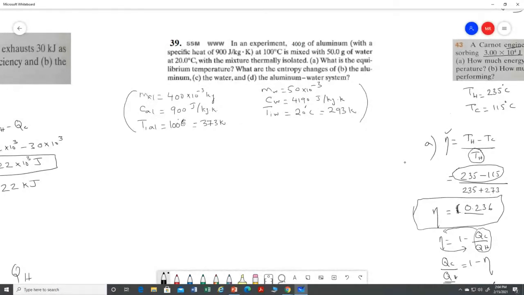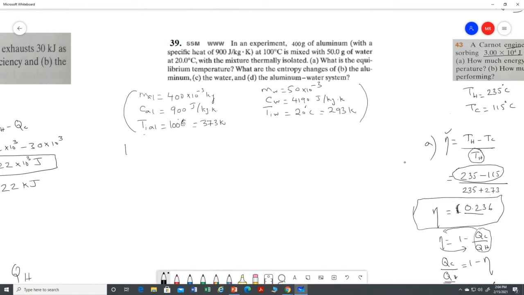What happened when you mixed this with water? Which one will gain the heat? Which one will lose the heat? The aluminium will lose. The water will gain. Very good. Because when you mix 100 degree with 20, water is gaining the heat and aluminium is going to lose the heat.